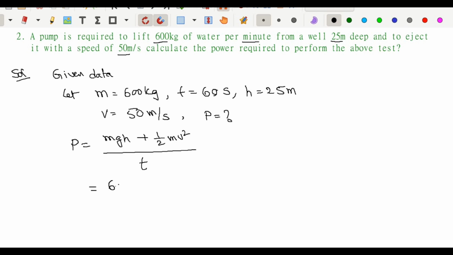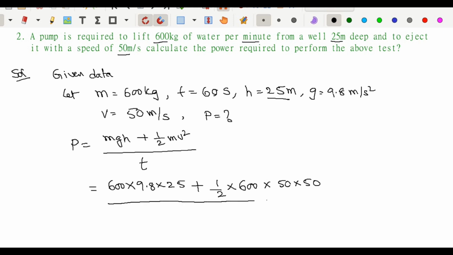First, the mass is 600 kg, 600 into g, which is 9.8 acceleration due to gravity in meter per second square, into h, 25 meter, plus half into m, again the same mass 600, into v square, 50 into 50, the whole divided by 60.